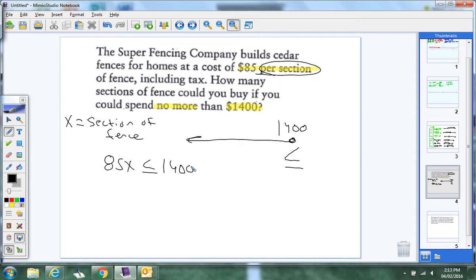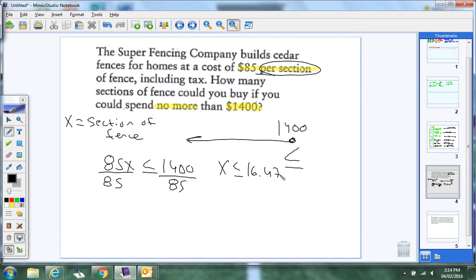Now we're just going to solve. This is just one step. There's no negative, no reason to talk about flips. We're just going to divide by 85. 1,400 divided by 85, we get x is less than or equal to 16.47.